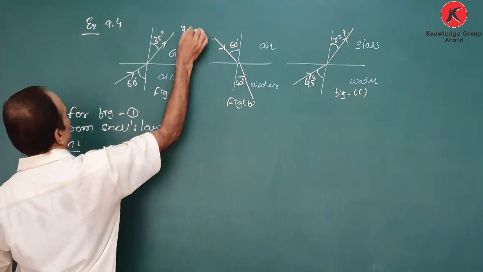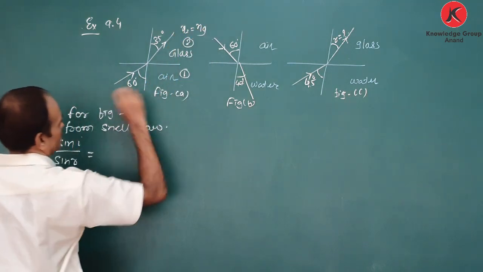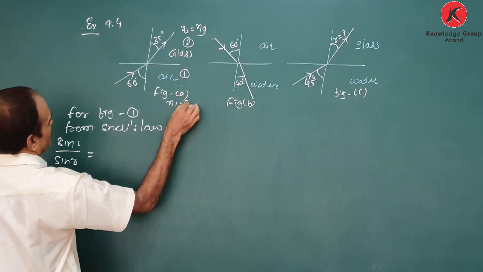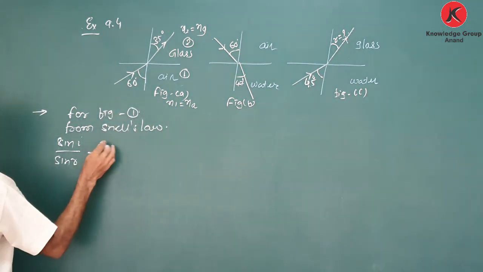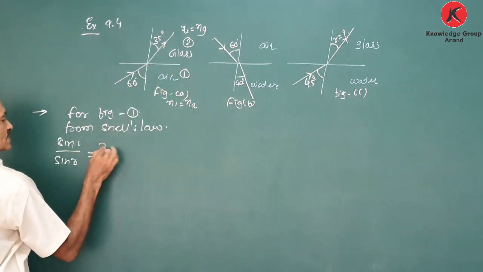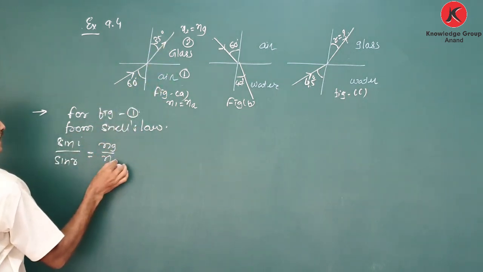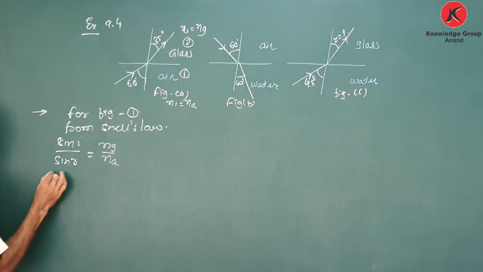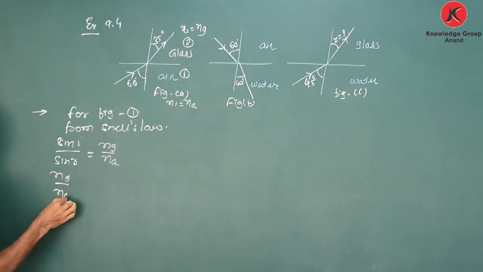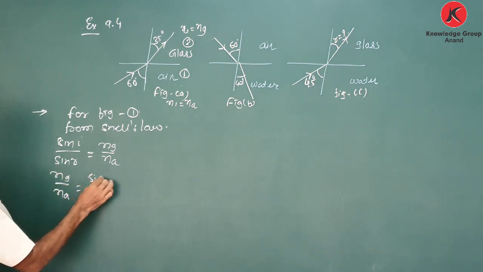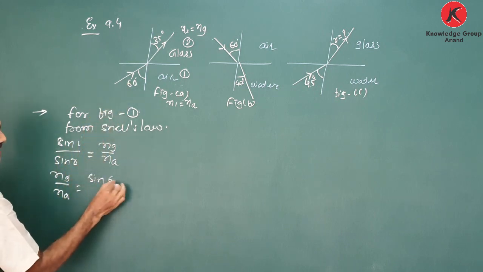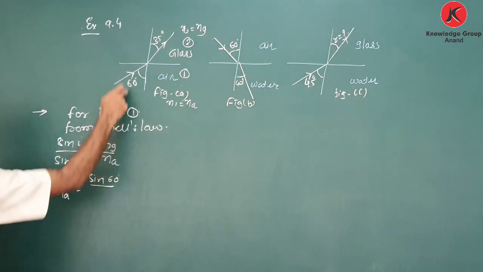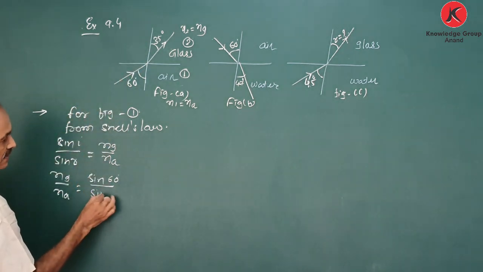Here n2 is equal to the index of glass, and n1 is equal to n a, the medium. Therefore n2 upon n1 means ng upon na. Therefore ng upon na is equal to sin i, which is sin 60 degrees, upon sin r, sin 35.